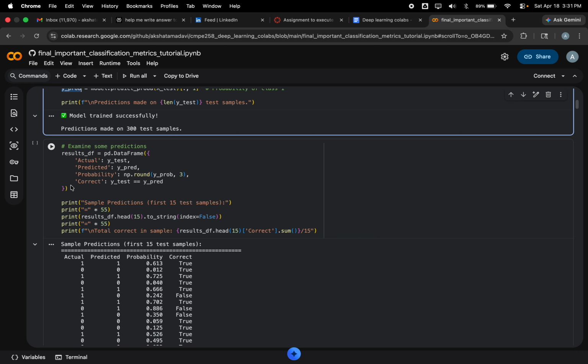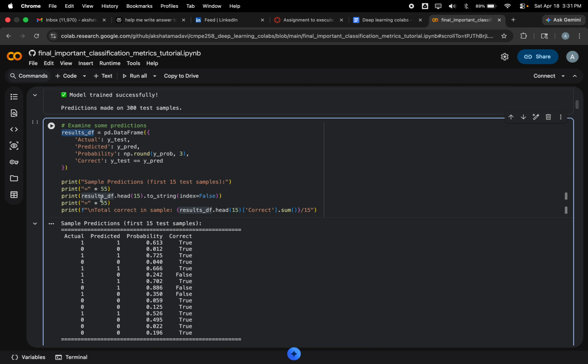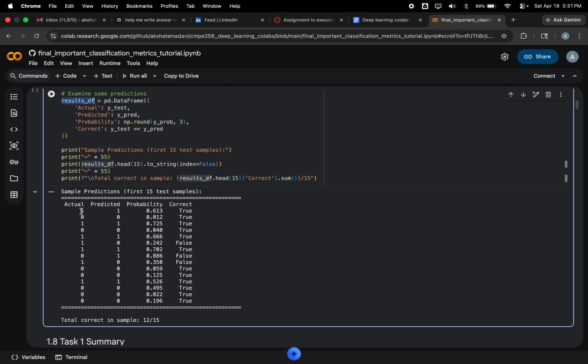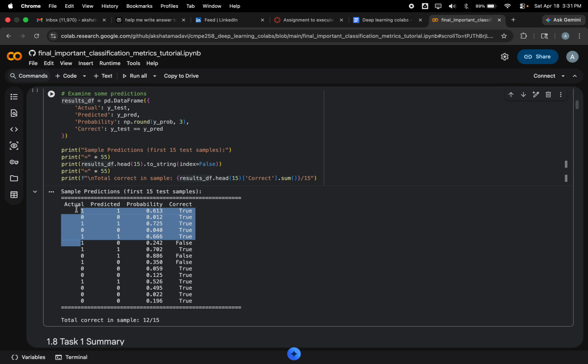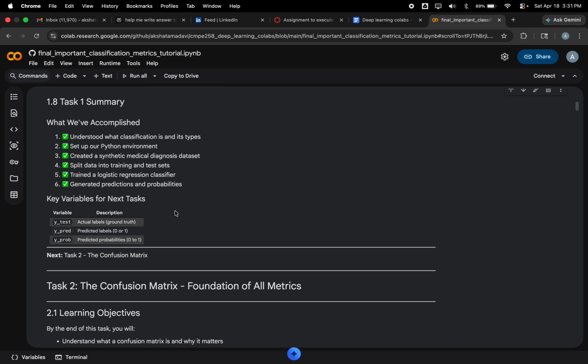Now predictions are made on the 300 samples which we stored for testing, and we are storing the data in results_df, and this is how the data set looks like. The actual value, the predicted value, the probability, and its correctness, whether it's correct or not.